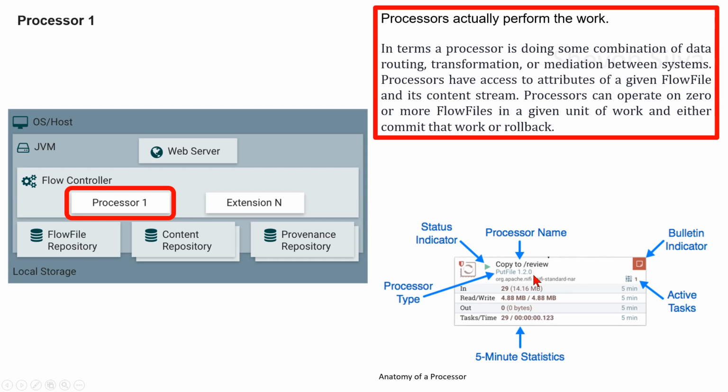NiFi provides several different types of processors in order to allow for a wide range of tasks to be performed. Each type of processor is designed to perform one specific task. The processor type put file in this example describes the task that this processor performs. In this case, the processor writes a flow file to the disk or puts a flow file to a file.